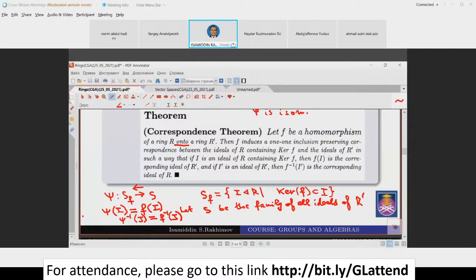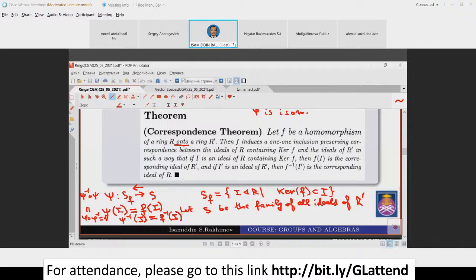So that means psi composed with psi minus 1 is identity, and the same for psi minus 1 composed with psi. These psi and psi minus 1 are inverse to each other with respect to composition. Here is just the set-theoretical pre-image of the ideal J. It is an ideal containing the kernel. Why?